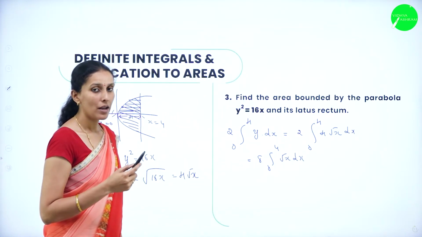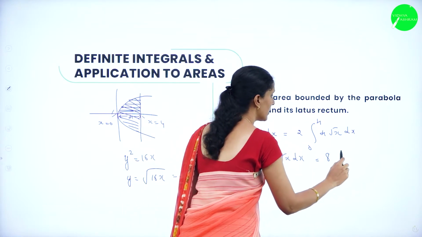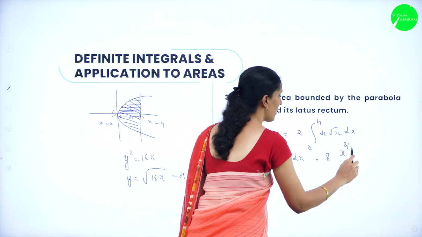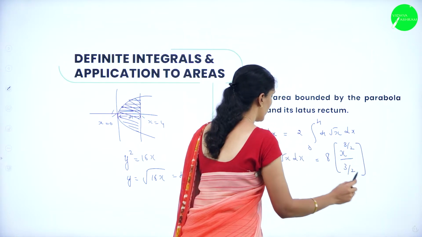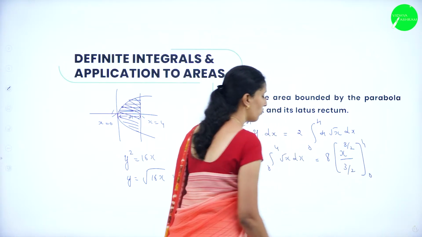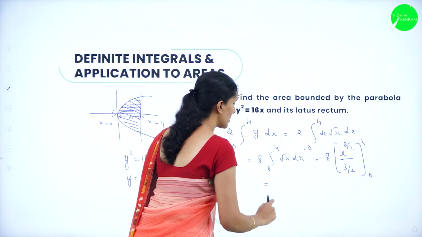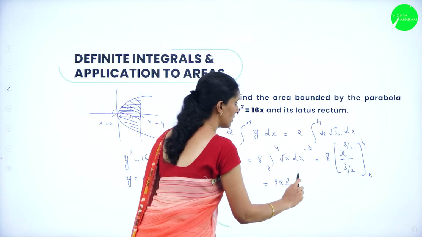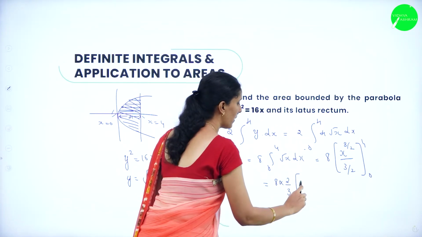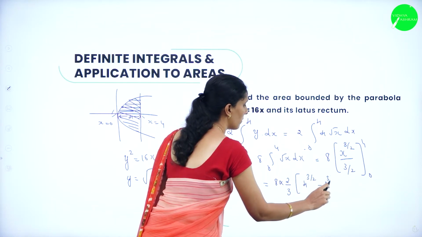It is x to the power half plus 1 by half plus 1, which is nothing but 8 x to the power 3 by 2 by 3 by 2. So integration is from 0 to 4. So if you substitute here, you can take the constant outside. It is 8 into 2 divided by 3. x to the power 3 by 2 means 4 to the power 3 by 2 minus 0 to the power 3 by 2.